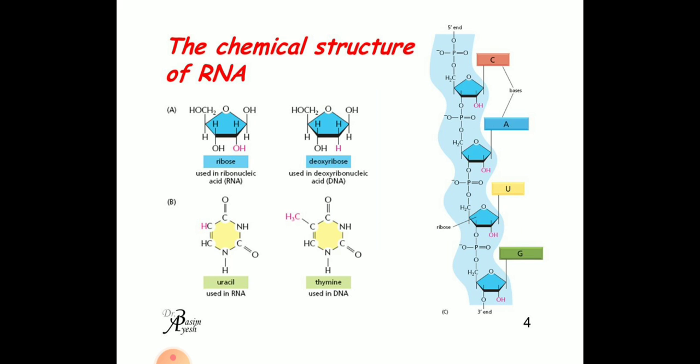Also, if you see the nucleosides and nucleotides, the nucleosides are riboadenosine, just as in DNA you had deoxyadenosine, then riboguanosine, ribocytidine, and ribouridine. The nucleotides will be adenylic acid or adenosine monophosphate, AMP, guanylic acid or guanosine monophosphate, GMP, cytidylic acid or cytidine monophosphate, CMP, and uridine monophosphate or uridylic acid, UMP.